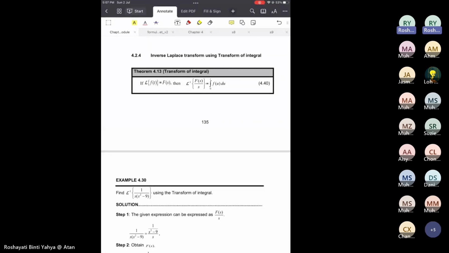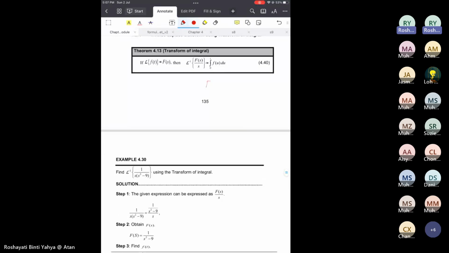So just now, modulation is about multiplication of two functions in frequency domain. In multiplication of two functions in frequency domain, we can use modulation.